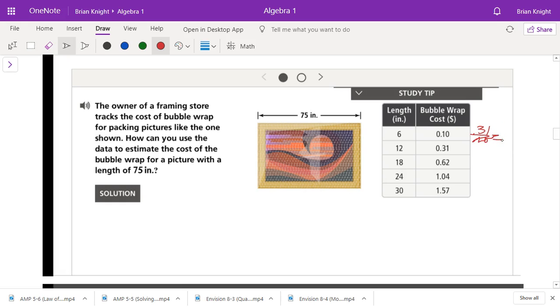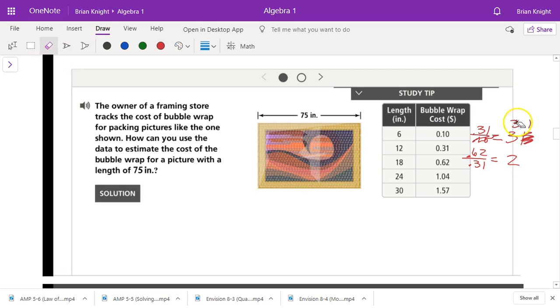That's 3.1, right? My pen, it bleeds. How my digital pen bleeds, I don't know, but it does. What is 0.62 divided by 0.31? That's 2, right? And I put 31 there. I should have put 3.1. Sorry about that. So, that's not the same.